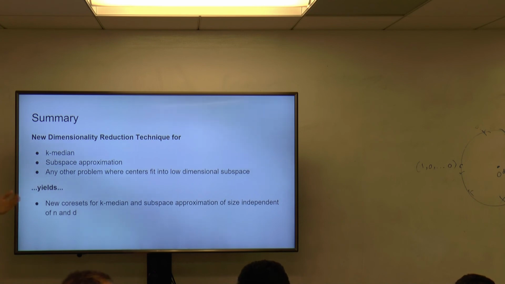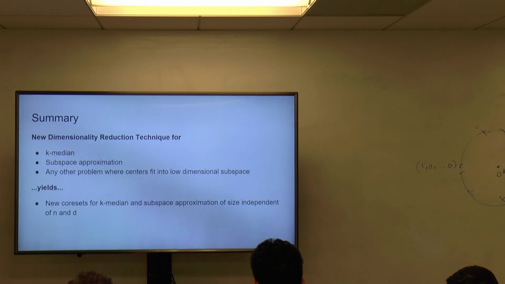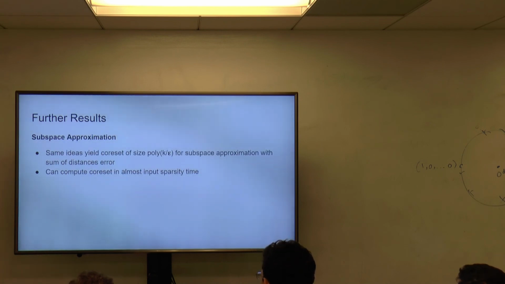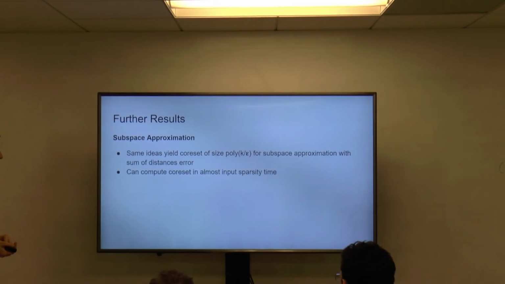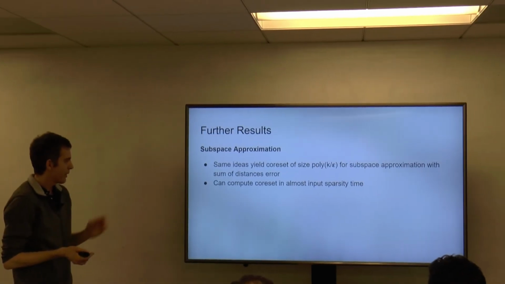I have multiple subspaces, and I choose the subspace for which my projection onto it is closest. I can do that as well. So this gives the first coresets for all these problems that are independent of both n and d. We do have algorithms for these in the paper, but there are nice open questions there.